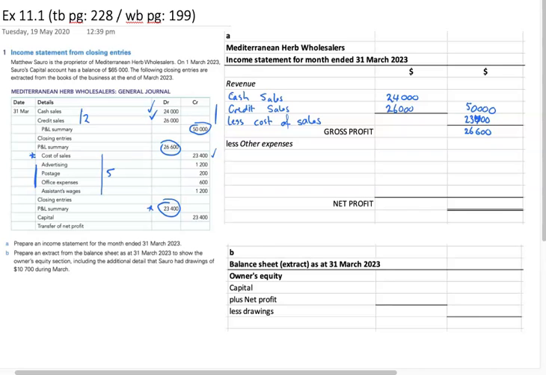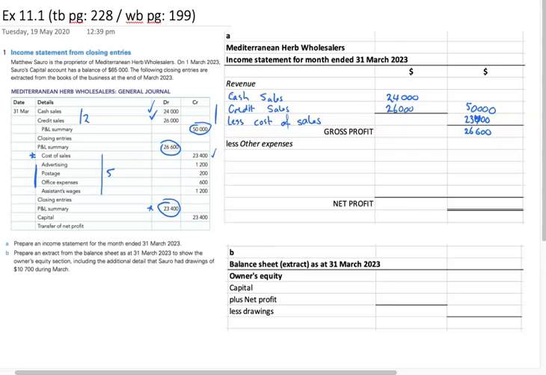We will then have 4 other expenses. Notice that we don't have an inventory loss or gain, so we don't have adjusted gross profit, and we don't have any other revenue. If you don't have any of those things, you don't need to put the headings in, as adjusted gross profit is the same as gross profit.